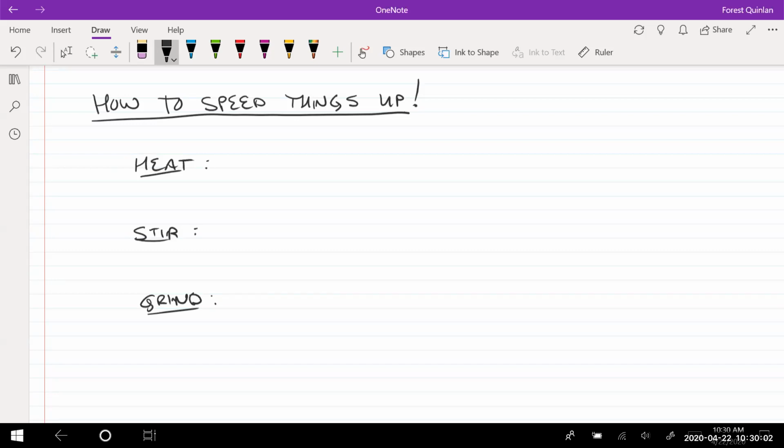Now, basically, the heating is probably a no-brainer, right? This is hot tea versus cold tea or iced tea. Which one dissolves that sugar faster? Hot. Absolutely.